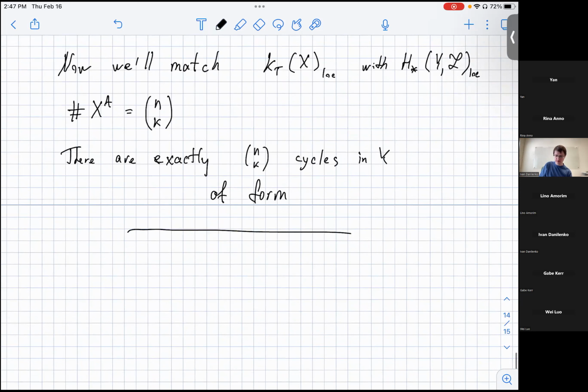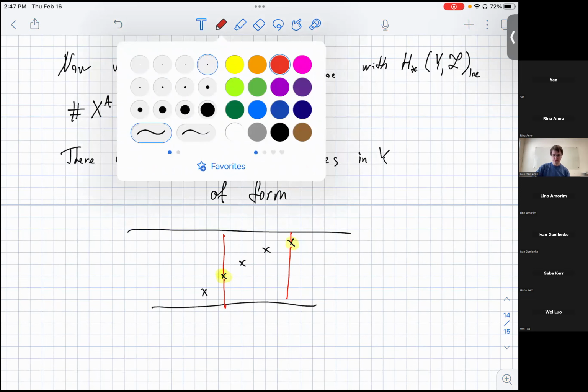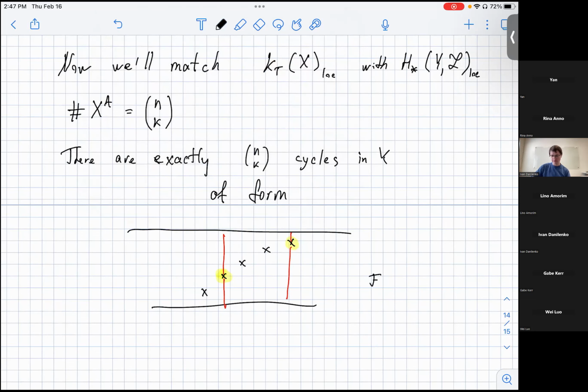So let me draw my cylinder. Here are my punctures. And I'll choose K of them, K points. Let me mark this one and this one, 2. And I will make these cycles. So that will be like F_S for some choice of subset S inside. Right.